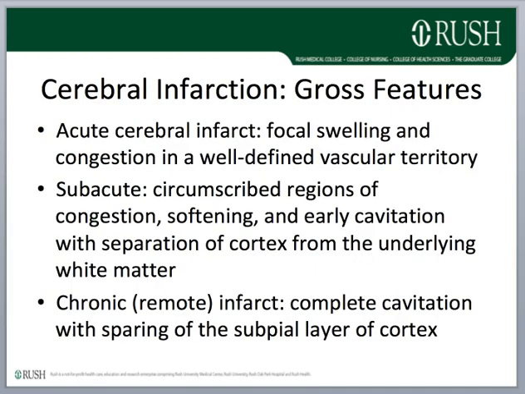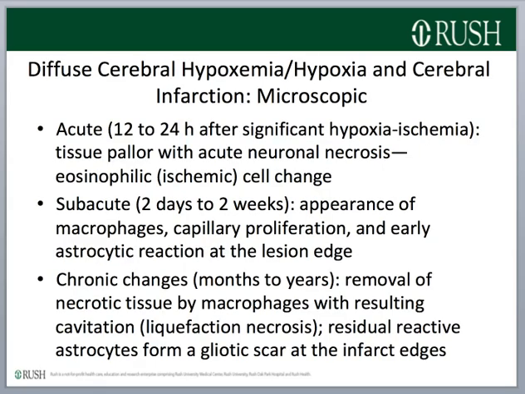You should also be able to recognize and describe the gross features of cerebral infarction and the temporal sequence of changes that occur, and also the microscopic features that evolve. Note again that the microscopic features are the same for diffuse cerebral hypoxia and cerebral infarct, so you only have to learn it once.